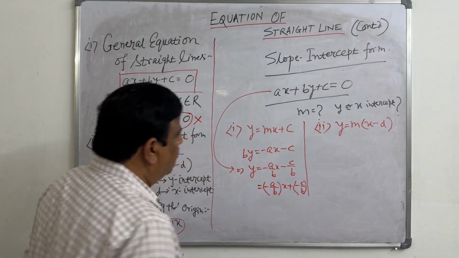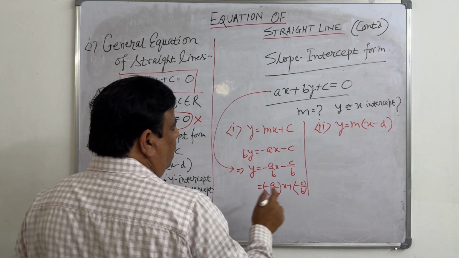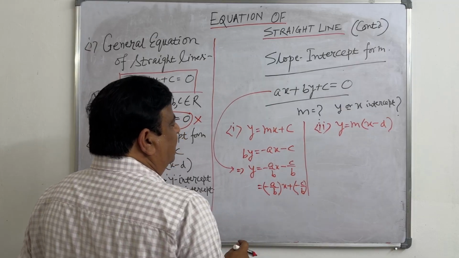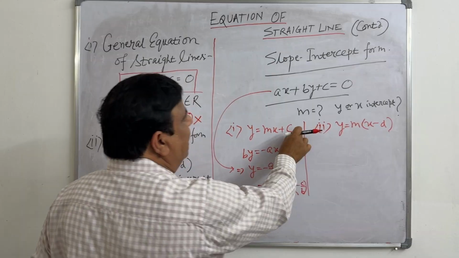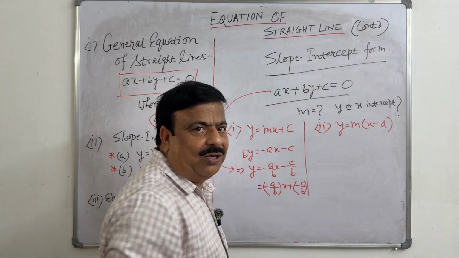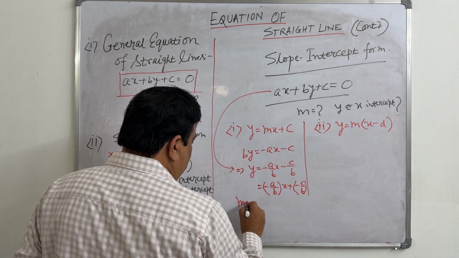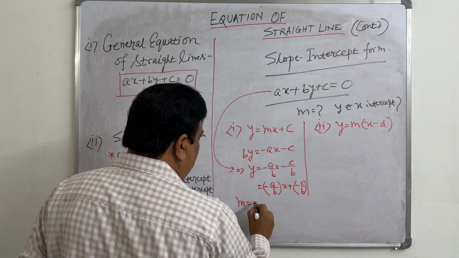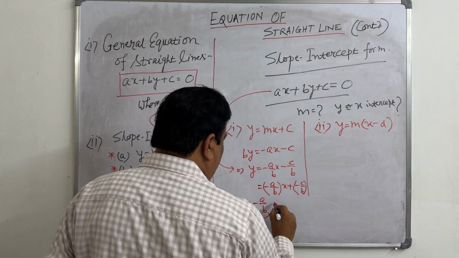Okay, so if you compare, here say this is capital C and this is small c. Don't get confused. So what will be the slope of this line? It will be minus a by b. And what will be the y-intercept?